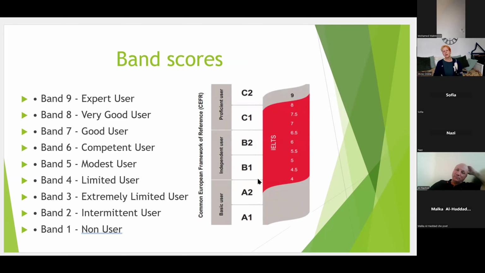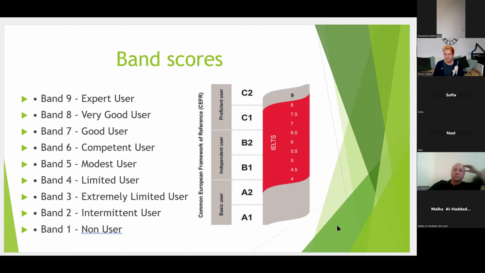So if you are A2, then you can start thinking about taking the exam. B2 is where you will need to be, or at least approaching, in order to get into a foundation year university. Otherwise, it will take a little more work. So you'll see where these match up.